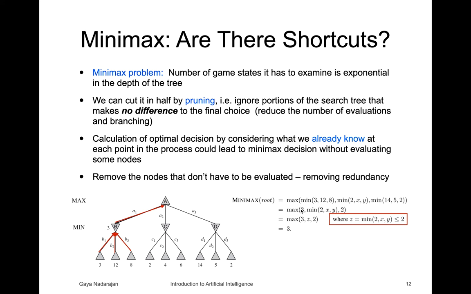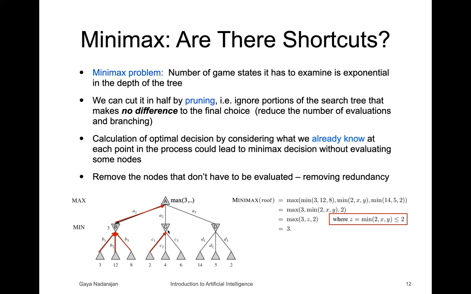It knows that it's going to compute the max of a bunch of numbers, but the first number it has is 3. That's quite useful information. Let's see what happens now. Max says, okay, I'm going to take the maximum out of a bunch of numbers, the first of which is 3. Now it goes down this path, following Minimax, and it gets to 2.